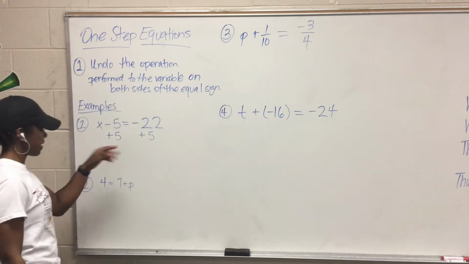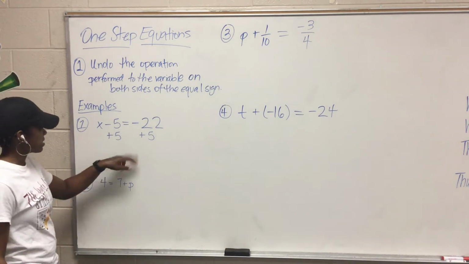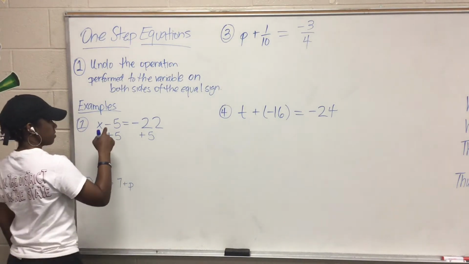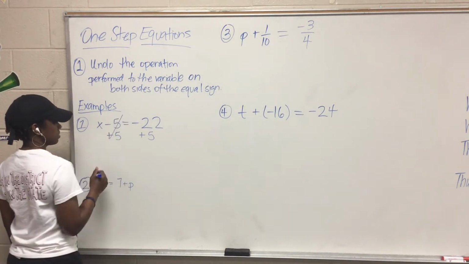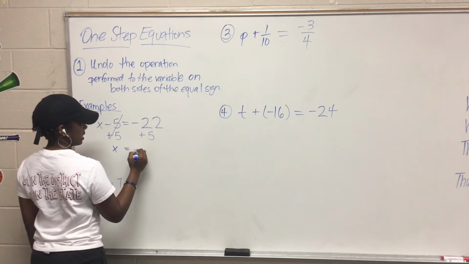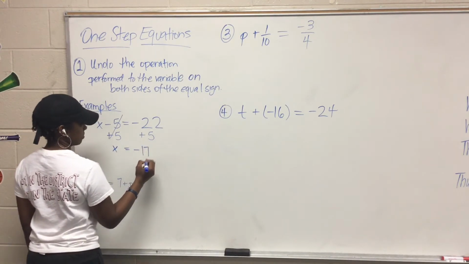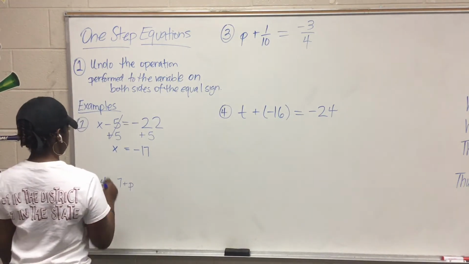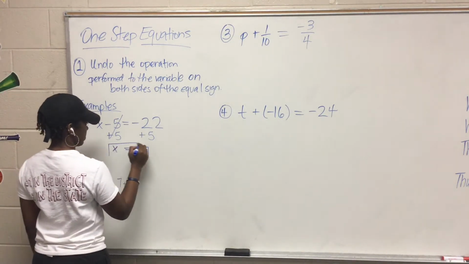So we want to add 5 where? Both sides of the equal sign. So this cancels out, and we're left with x equals negative 17.